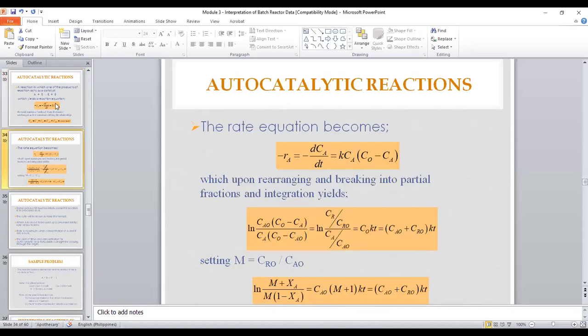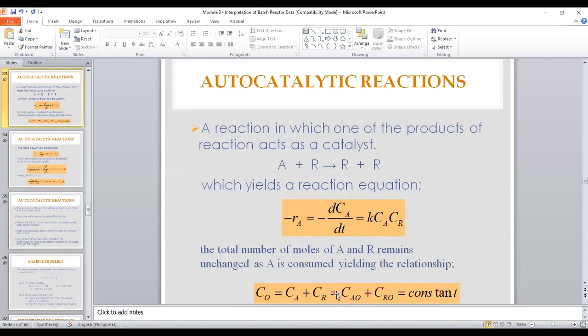Now, if that is the case, I'd like to go back here. You could see that you have C sub R in here. And we have to change the C sub R into an expression in terms of A. That way we could process this differential equation that we have, if we will not consider that the C sub R is totally a constant in itself. And where we're going to get that particular equation that will help us change the C sub R here in terms of C sub A, we will get it here.